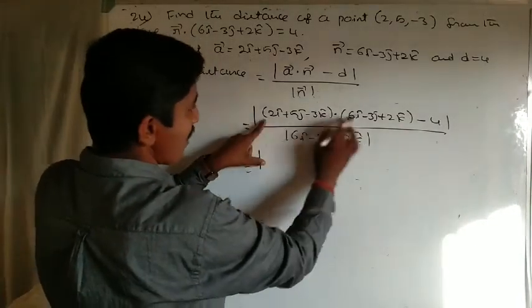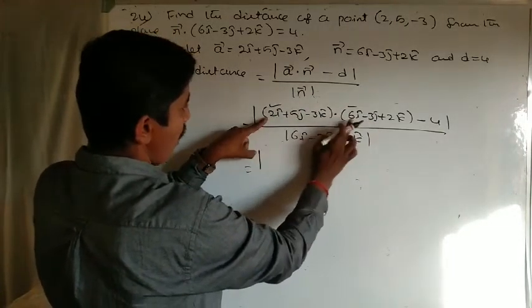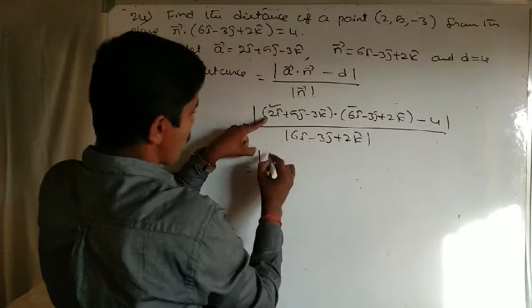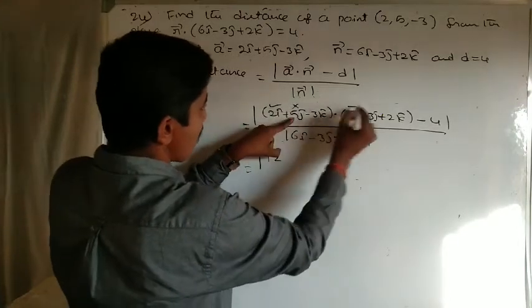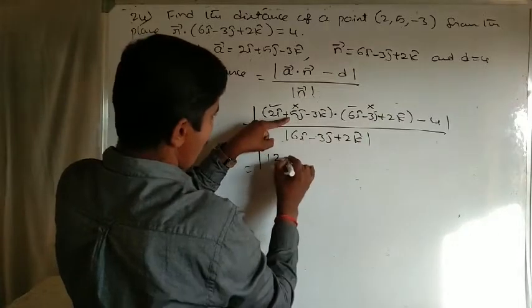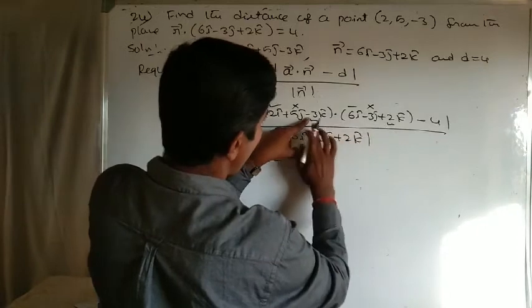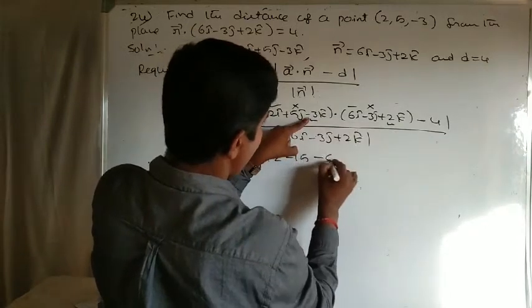The dot product of two vectors is obtained by multiplying the i coefficients: 2 into 6, 12. Next j coefficients: 5 into minus 3, minus 15. Now k coefficients: minus 3 into 2, minus 6.